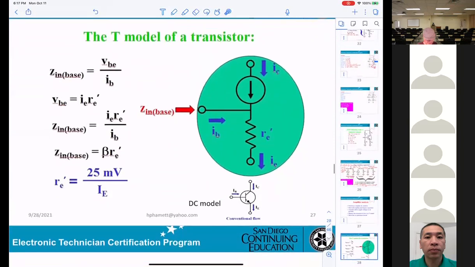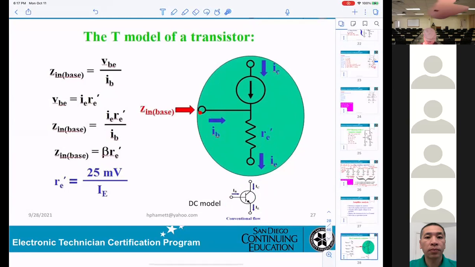Okay, now they give you the T model of the transistor. Basically, you can see the transistor normally, okay. However, in the AC, it is substituted by this form. From the collector, you get the current flowing down.